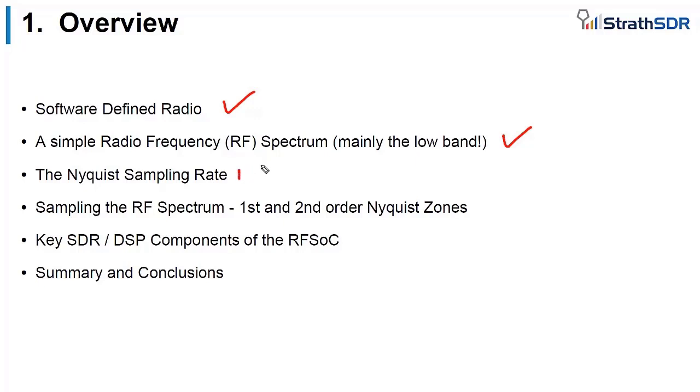We'll remind you of the Nyquist sampling theorem, the fundamental of digital signal processing. We'll then look at what are the prospects for sampling the RF spectrum and this concept of first and second order Nyquist zones that we can do with the RFSOC. A quick look at some of the key software-defined radio and DSP components of the RFSOC, and we'll then summarise and conclude.